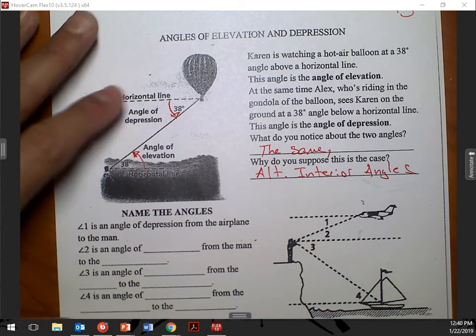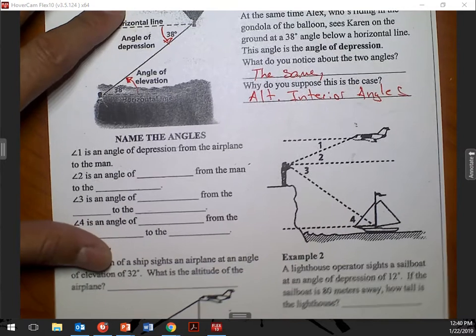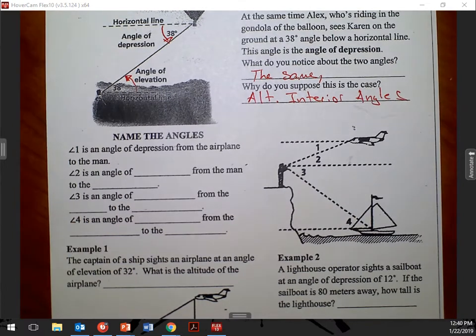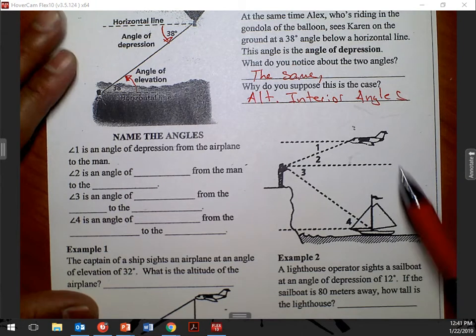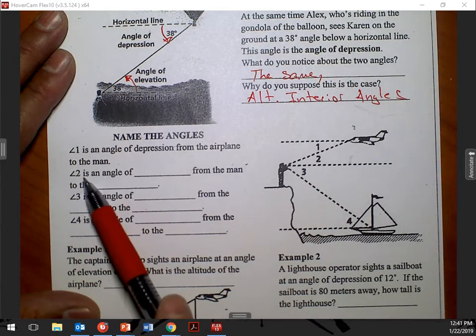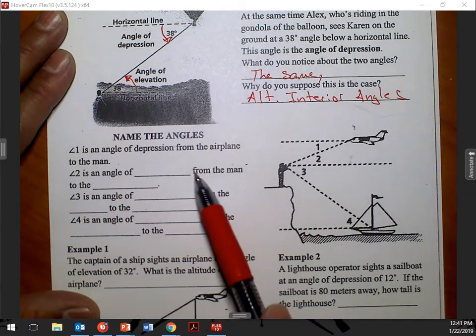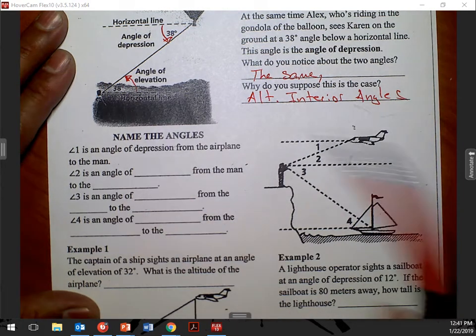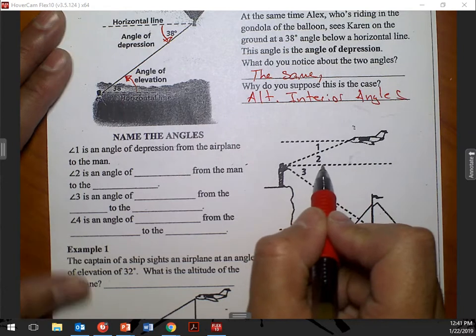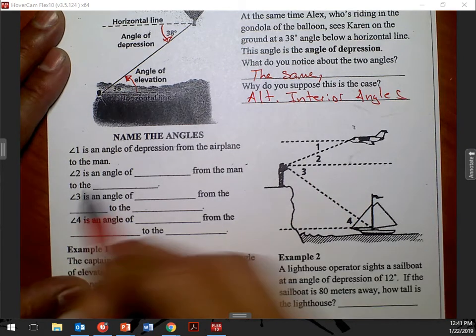So we're going to go through and actually talk about a couple things here. Name the angles. Angle 1 is an angle of depression from the airplane to the man. Agree? Yes. Okay, so it's going down. Angle 2 is an angle of blank from the man to the blank. Angle 2 is from the, say angle of what?